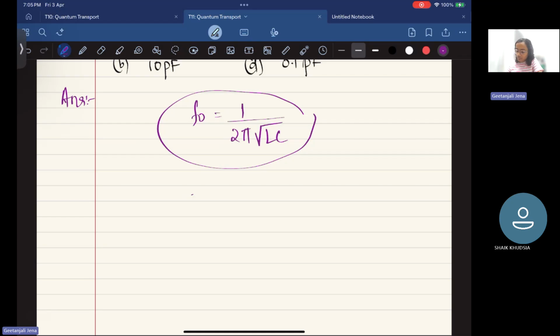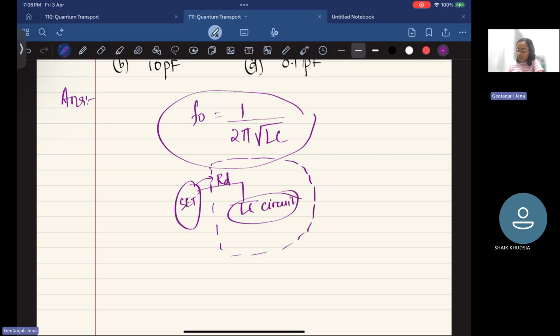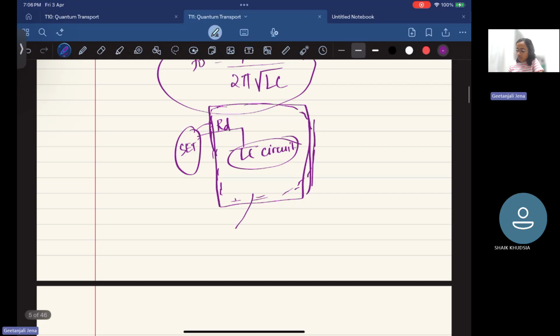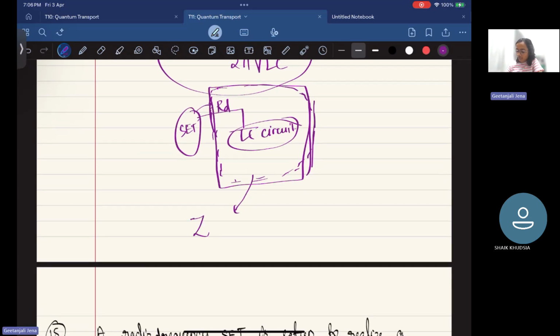In the radio frequency SCT, we attach this SCT to an external tank circuit, an LC circuit, and we can represent this SCT by some variable resistance RD. This combined circuit, the LC circuit and the variable resistance of the SCT, will have an impedance.